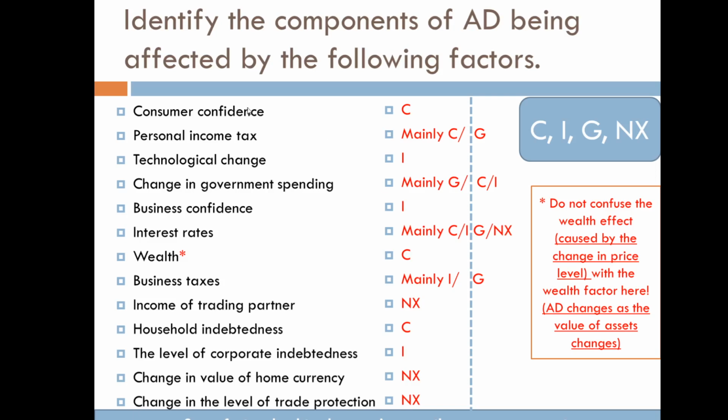So that's all for the shift of the AD curve. So far we have learned the movement of the AD curve along that downward sloping curve, and we have also learned the shift of the AD curve. So far any questions, any difficulties?